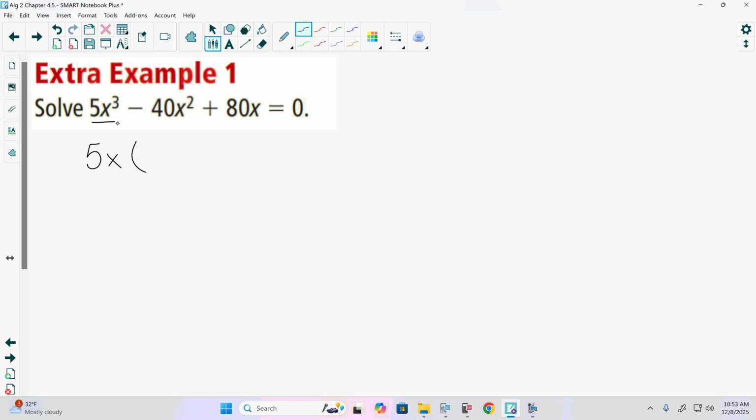Now, if we factor 5x out of 5x cubed, we're left with x squared. When we factor 5x out of 40x squared, we're left with 8x, because 40 divided by 5 is 8, and x squared divided by x is just x. Plus, 80 divided by 5 is going to be 16.